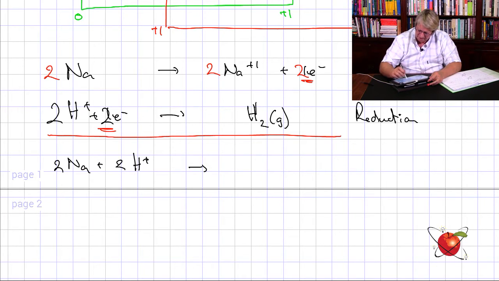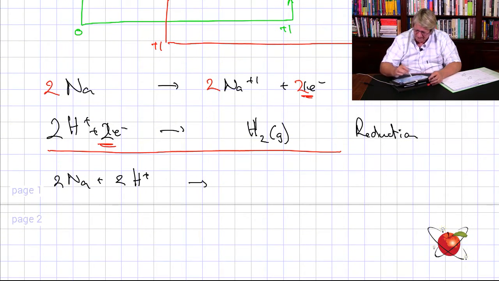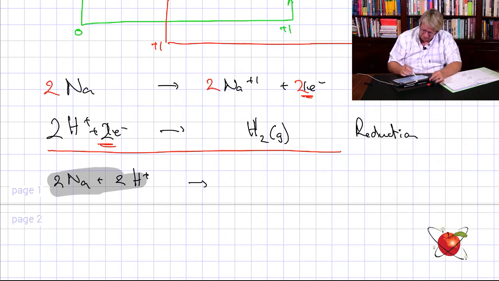I haven't balanced it out with the waters yet. So as not to confuse you, until I get to the point where we do the balancing using waters and hydrogen ions and so on, let's just leave that as it is for the moment. But we've balanced the electrons. There are the 2 half reactions that we've been asked for. So yes, it is an oxidation reduction reaction because there was an electron transfer.